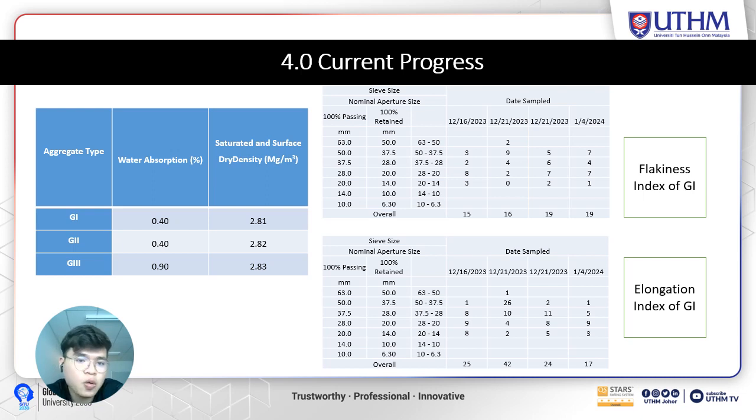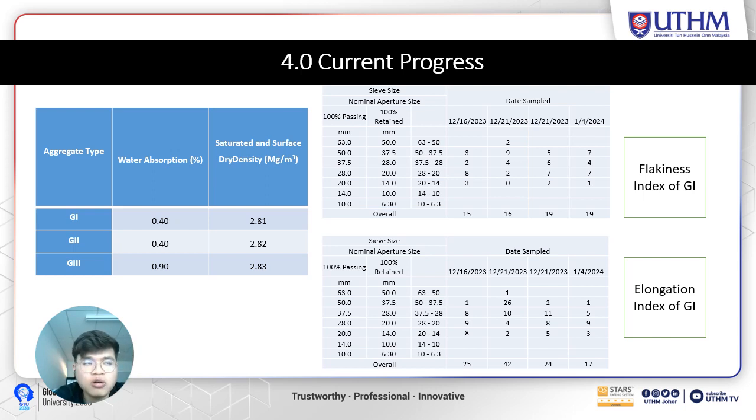So currently we are making progress on the evaluation of the material like aggregate. For now, we have identified the water absorption and also the SSD for aggregate group 1, group 2, and group 3.